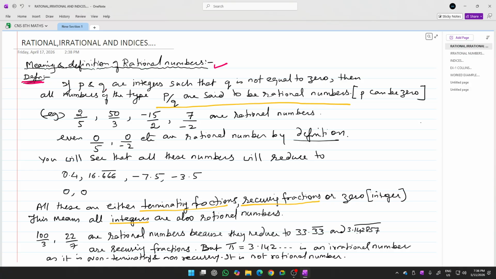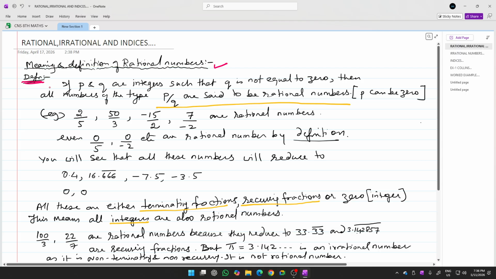If P and Q are integers such that Q is not equal to 0, then all numbers of the type P divided by Q, that is a fraction of P and Q, are said to be rational numbers. And P can be 0. Okay, P can be 0, but Q should not be equal to 0.